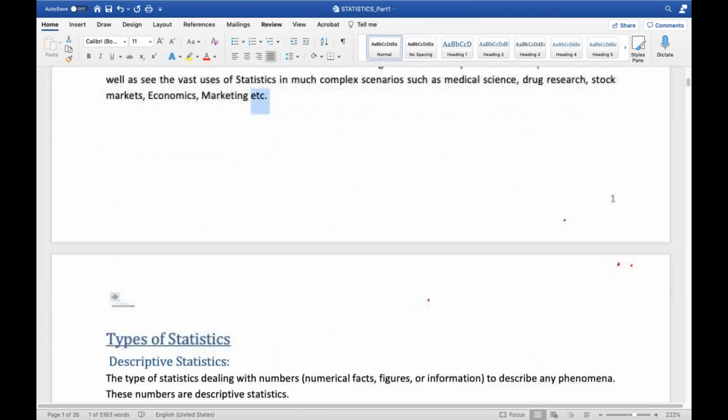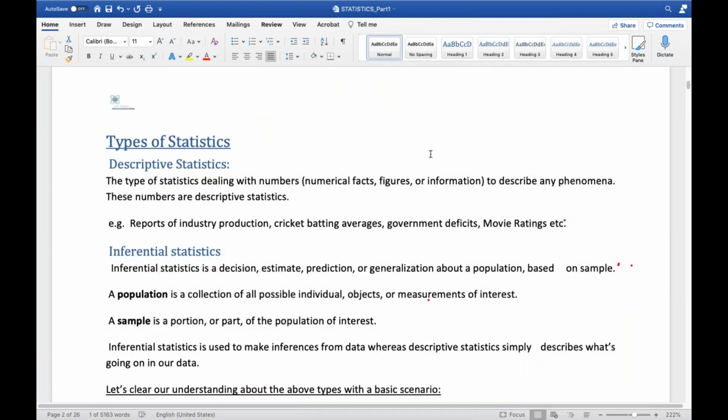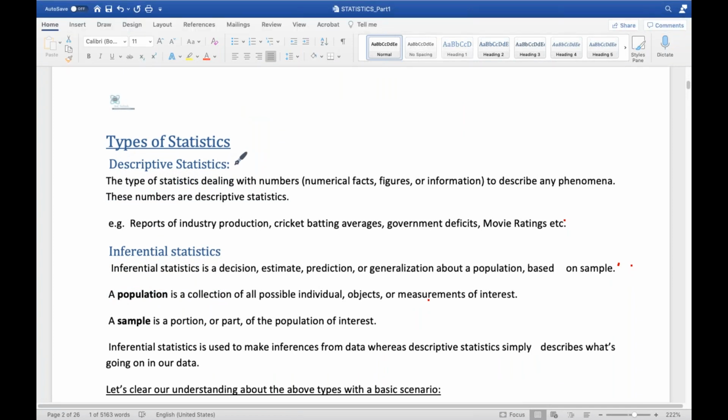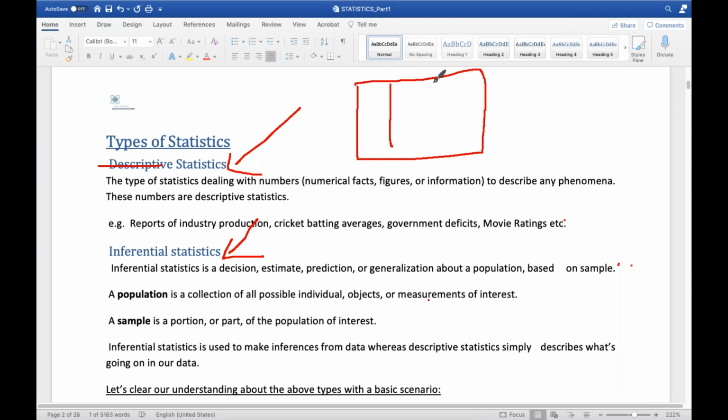And let's see the types of statistics. There are two main types. The first one is descriptive statistics, the second one is inferential statistics, guys. Descriptive statistics means, for example, you have data that we are able to describe.